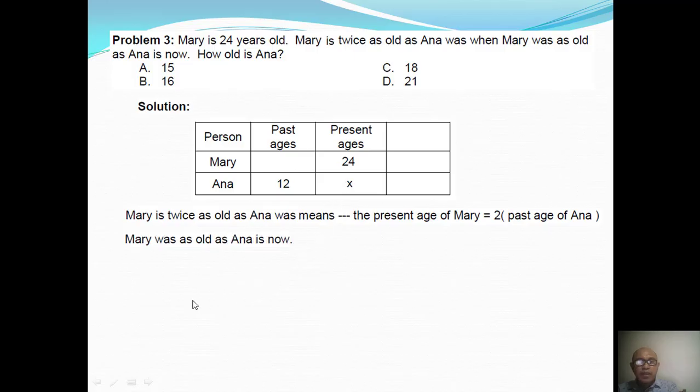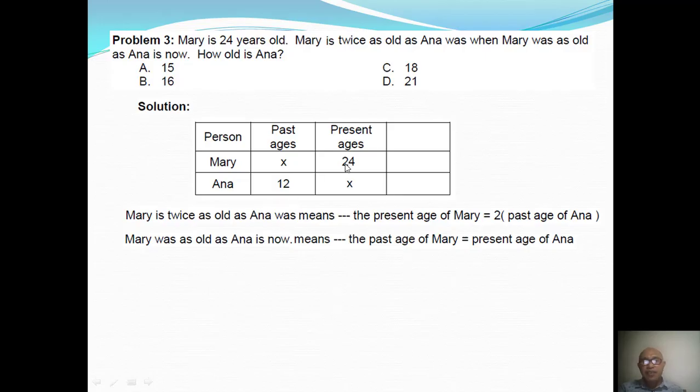And then we have, when Mary was as old as Anna is now. This means that the past age of Mary is equal to the present age of Anna. So if this is x here, the past age of Mary is also equal to x.